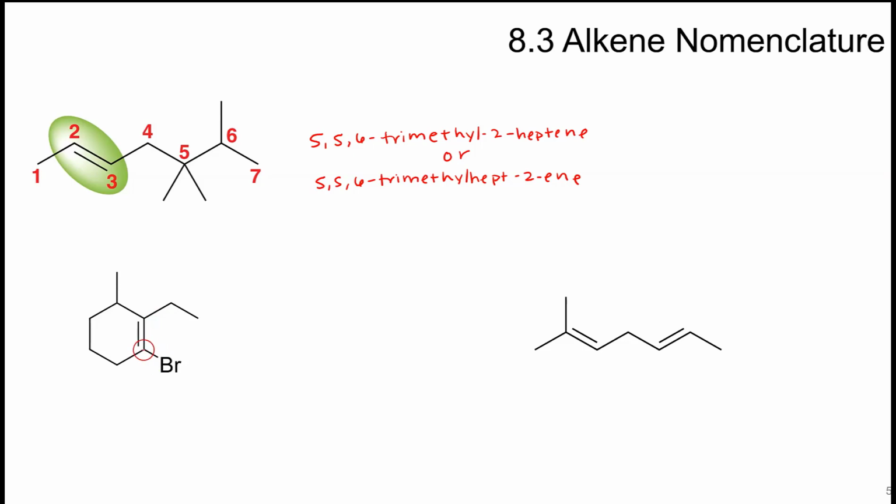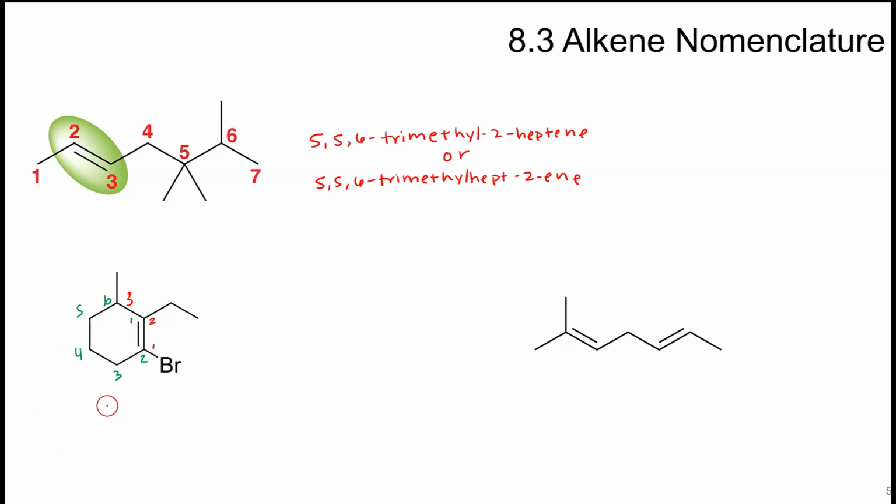If I start numbering with the 1 on the bromine, and that being 2, this allows the bromine, which is alphabetical, to have the lower numbering. Additionally, if I started this here, this would be 1, 2, 3, 4, 5, 6, which would be even lower than the 1, 2, 3.